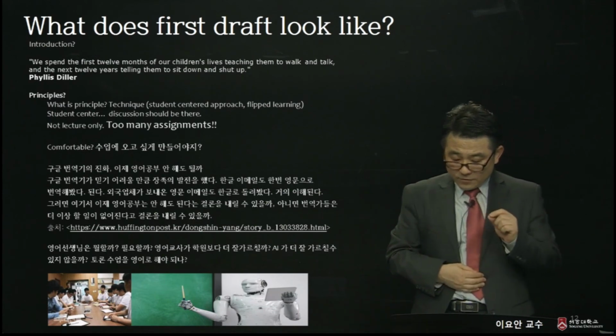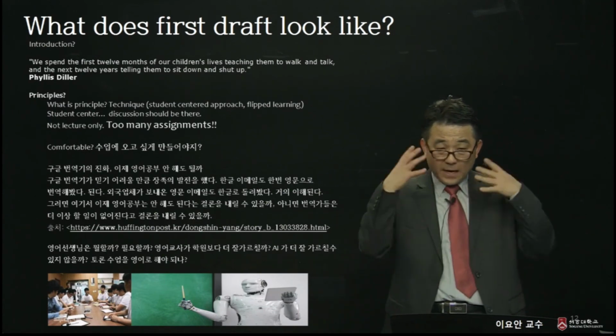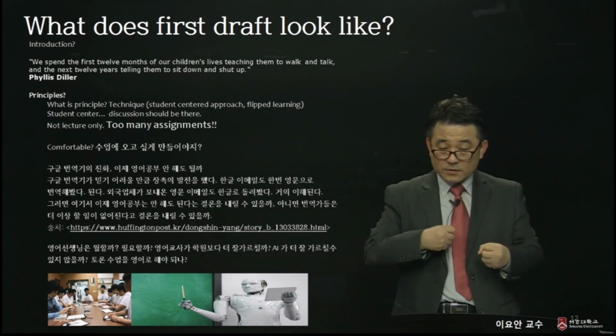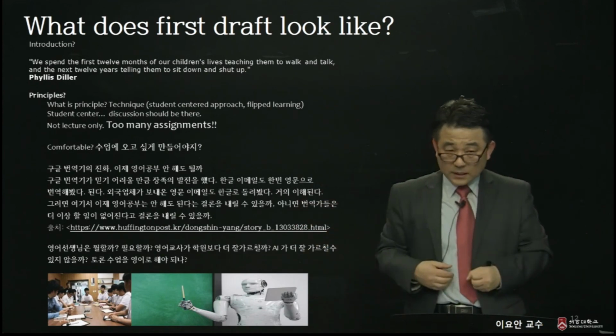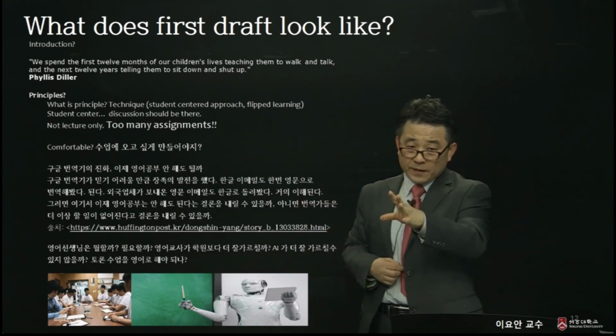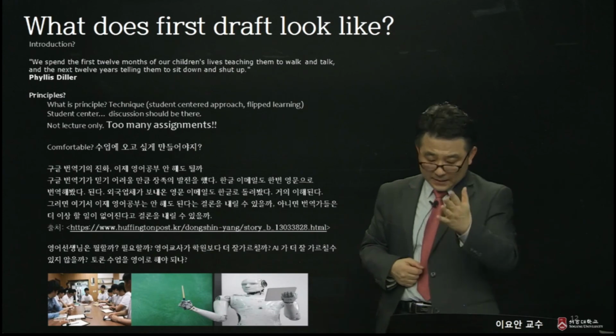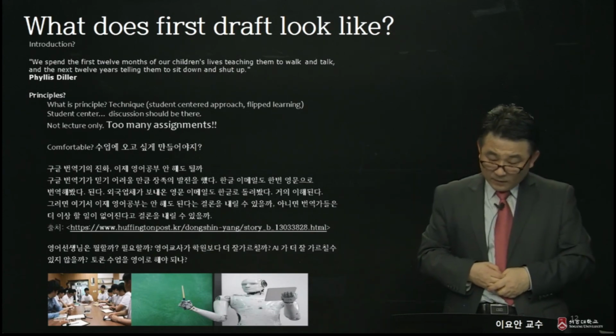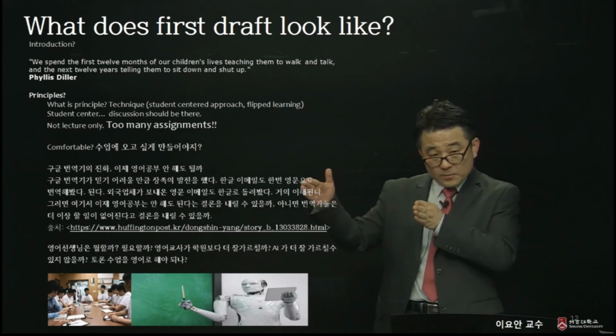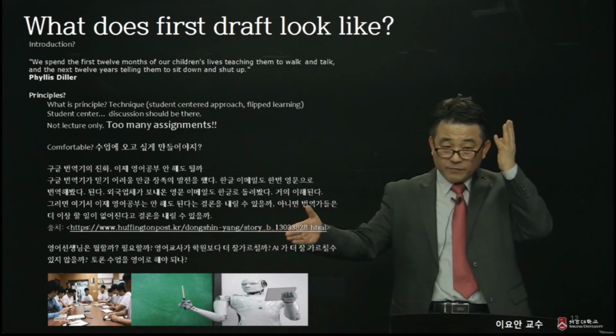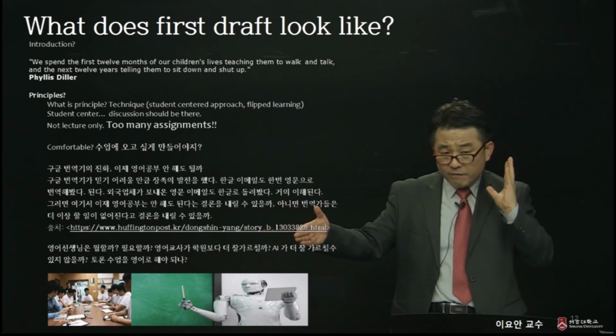So the first draft looks like this. You have some ideas, you gather some information from diverse sources, and you just put it out there, and then you are producing a first draft.